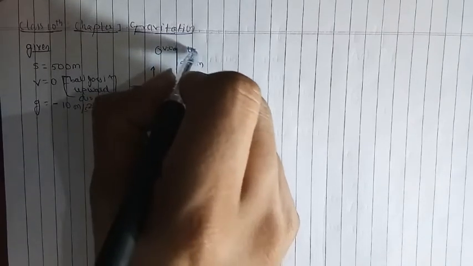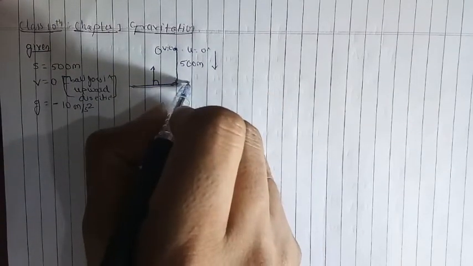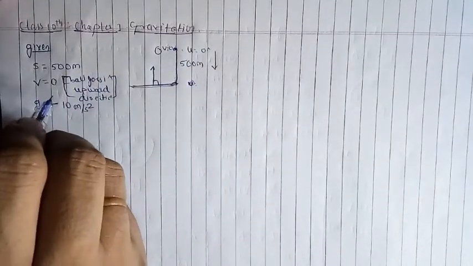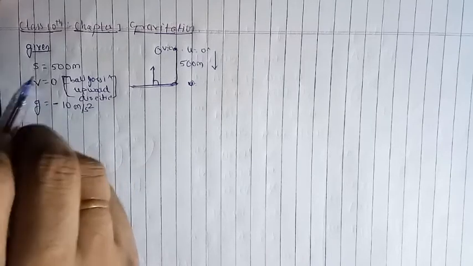Then initial velocity we have to find out for the first condition. When the ball comes down, then u equals to 0. So we have to use a formula now. Which formula are we going to use?